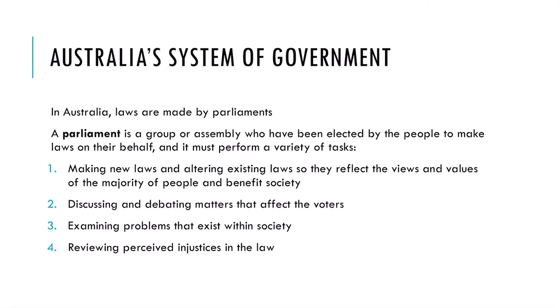A parliament is a group or assembly who have been elected by the people to make laws on their behalf, and a parliament needs to perform a variety of tasks, including making new laws and altering existing laws so they reflect the views and values of the majority of people and benefit society, like we mentioned before, discussing and debating matters that affect voters, examining problems that exist within society, and reviewing perceived injustices in the law. So Parliament, when it's sitting, will do each of these things on a daily basis.